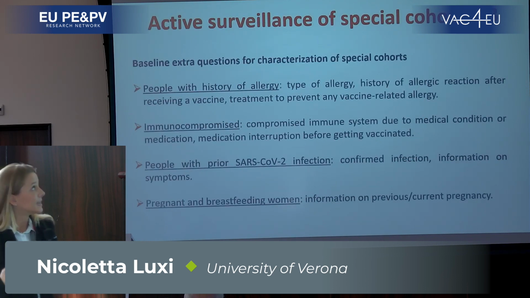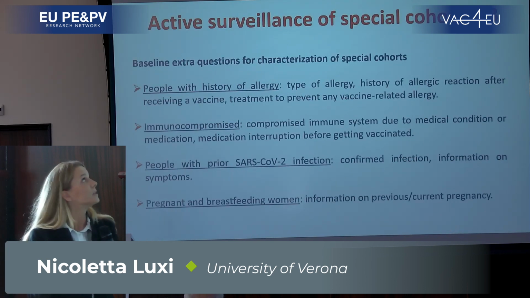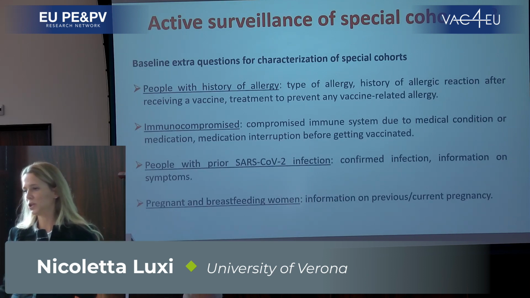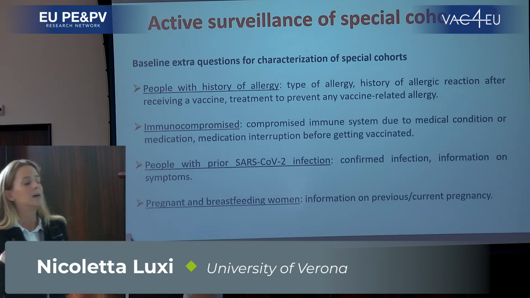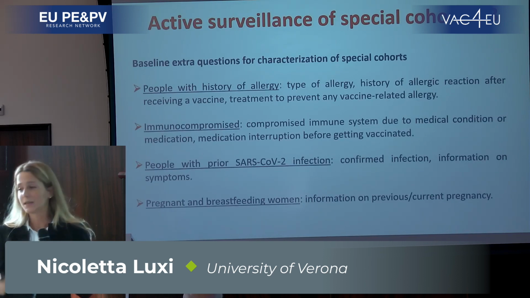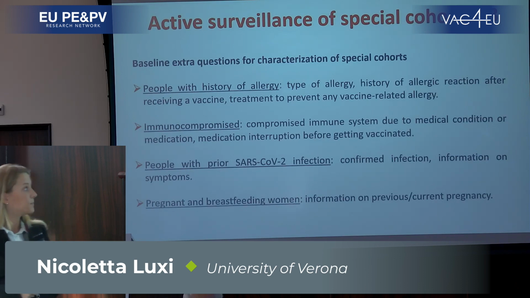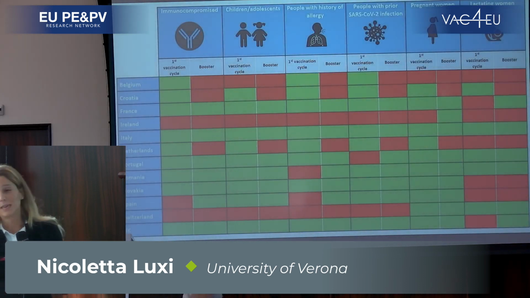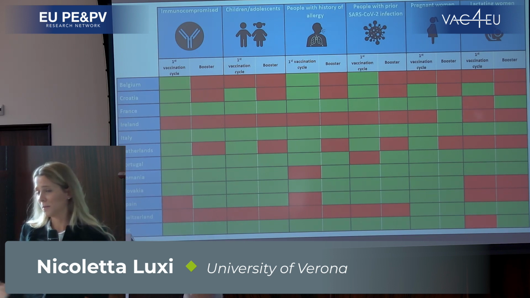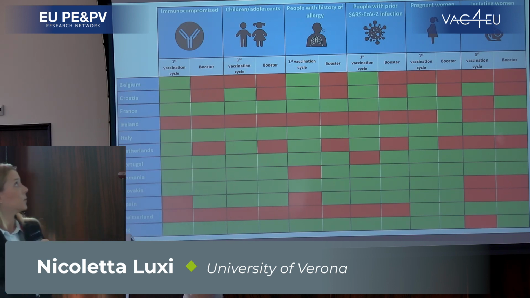And in addition, we also need to customize and adapt the baseline questionnaire with some additional questions to better characterize those vaccines. And as you can see, we not only had different cohorts, but also different countries.